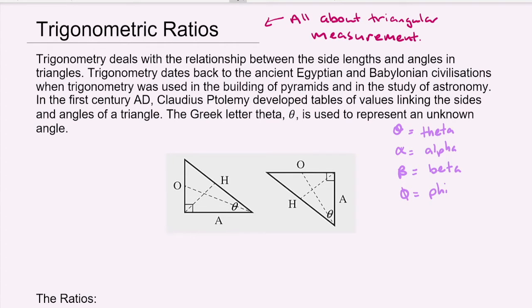And then occasionally we also use gamma. Now, some of my Greek letter drawings may not be perfect, but you get the gist.